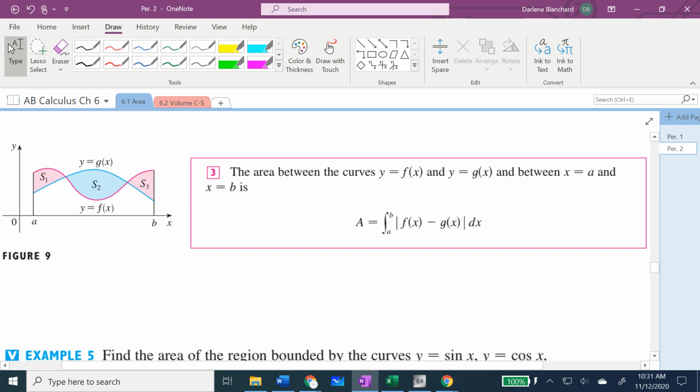If you have to solve this without a calculator, you're gonna have to sit there by hand and find the intersection points. So I'll just put C1 and C2. You have to find those individual intersection points. And we learned in the last chapter how to integrate absolute value. You have to set it up as a sum of integrals.